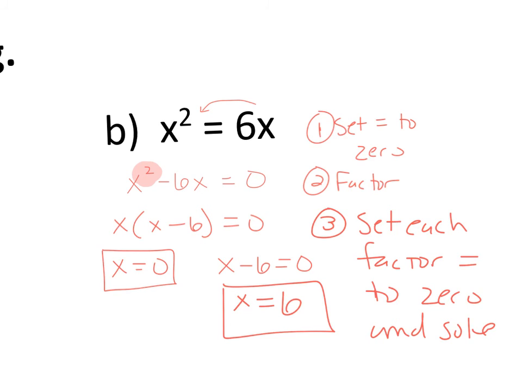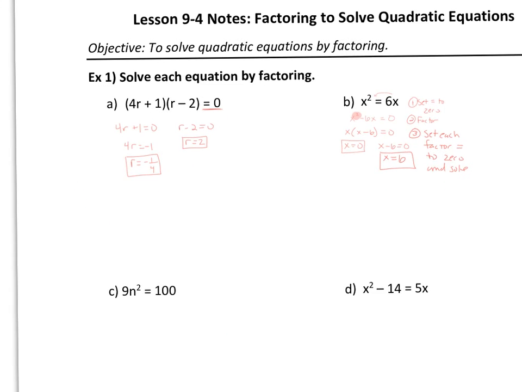So if you have a 2 here, you get 2 answers, right? If I were to put a 4 up here, then you should have 4 different answers. If I put a 10 here, then you get 10 different answers. So whatever this exponent is, it tells you how many solutions you should end up with. Okay? All right, let's look at C.